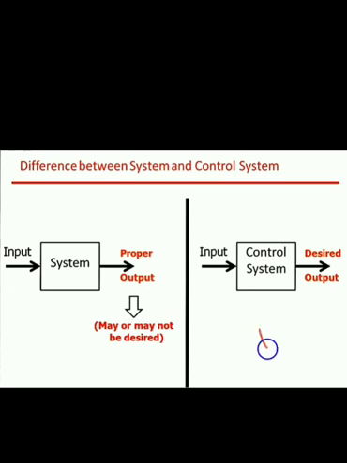When the input is given to a control system, what happens? You get a desired output. So that is the difference between system and control system.